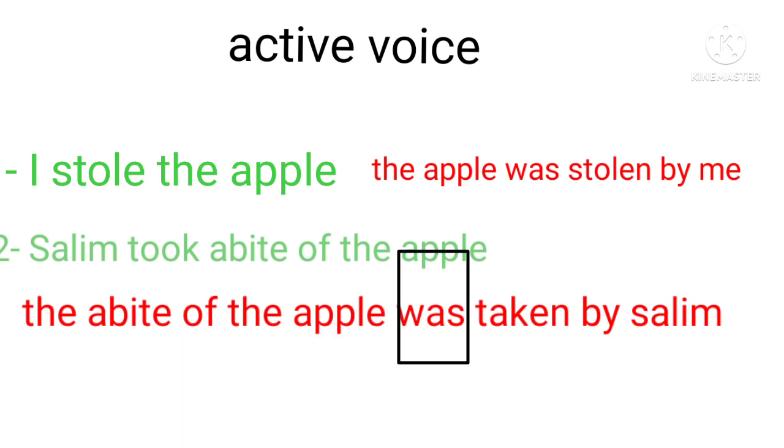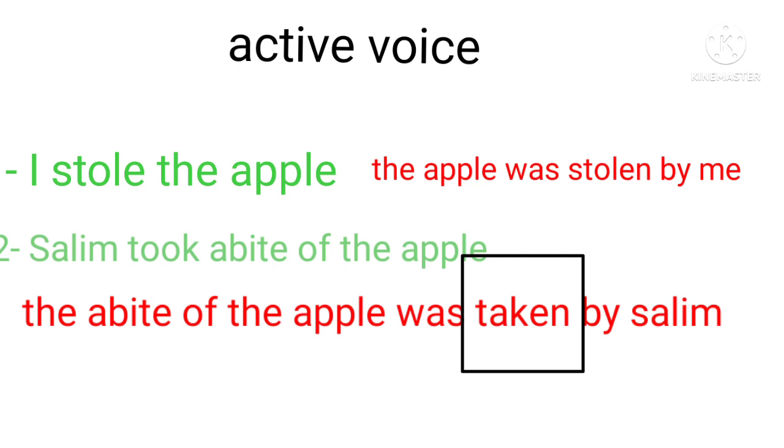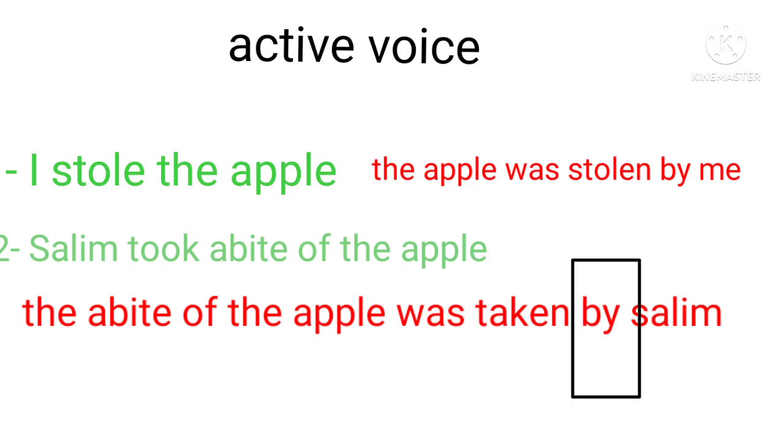We add the past tense of the be verb, was. And we add the past participle of the verb, taken. Number three, we add by. Okay, by Salim or by him. It's very easy, I think. Just follow three steps. It is easy to change from the active voice to the passive voice.